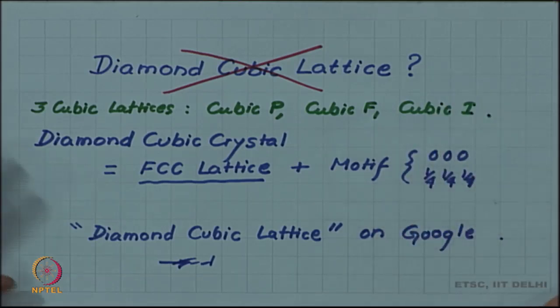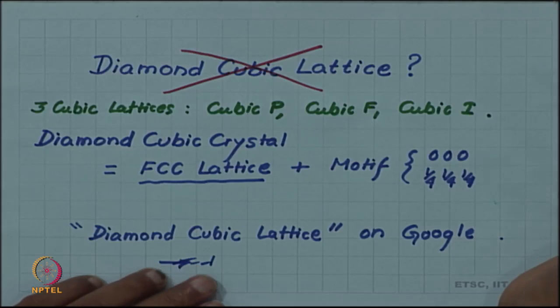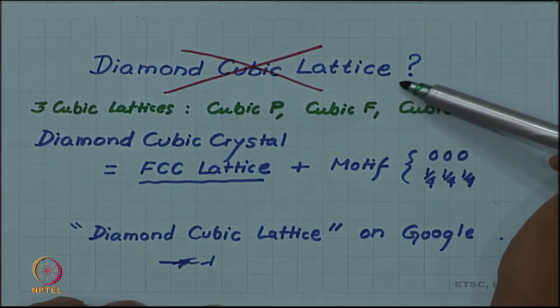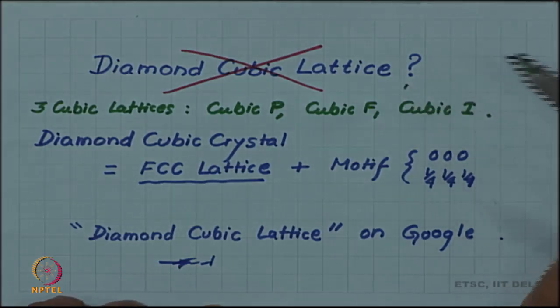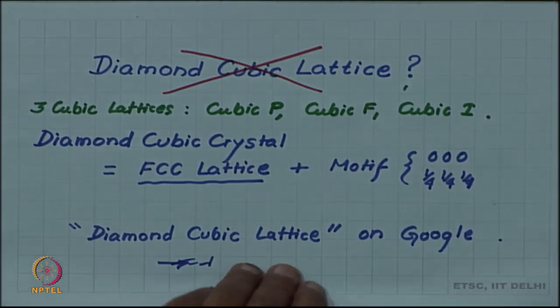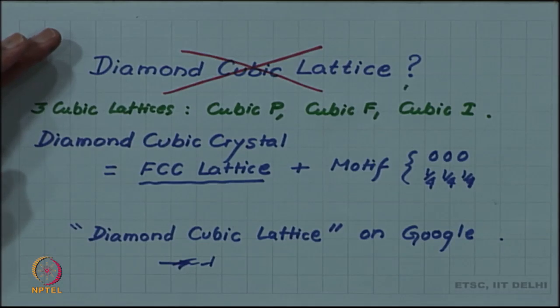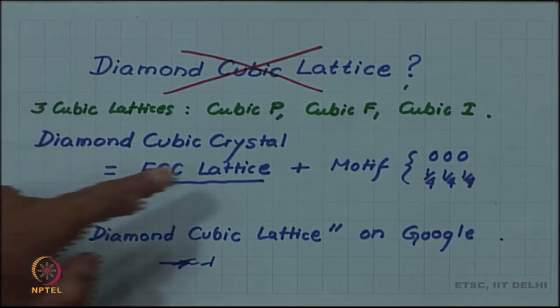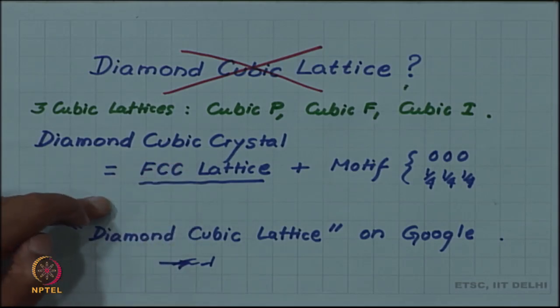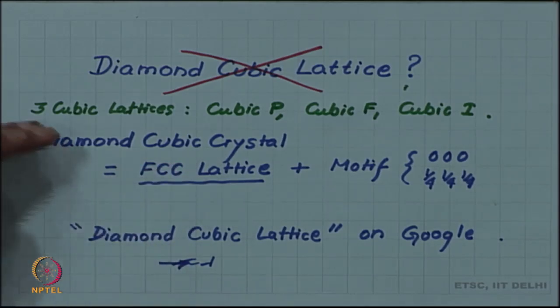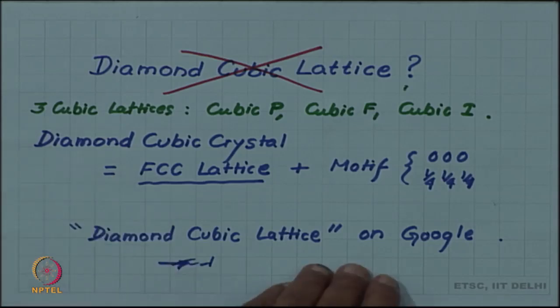So, there is no such diamond cubic lattice. If you introduce a phrase like diamond cubic lattice, that means you are talking of a 15th Bravais lattice, which is an incorrect terminology. So, never use diamond cubic lattice. If you are using the diamond cubic adjective, it should be used only for crystal and not for the lattice. So, diamond cubic crystal having an FCC lattice.